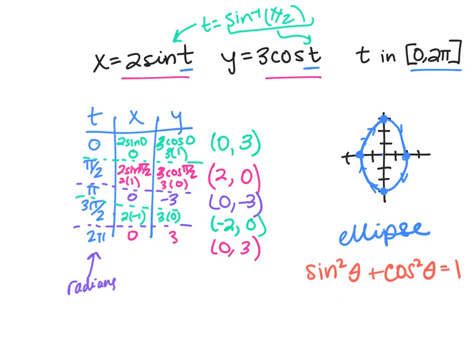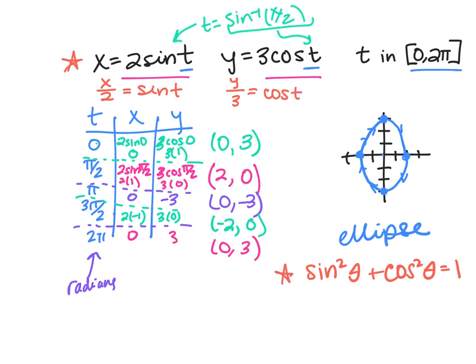So, for example, if we look at our parametric where we started, we're just going to switch this around. We know x is equal to 2 sine of t. Well, I could also write that x over 2 equals sine of t. So I just solved for sine in that equation. On the cosine side, if we solve for cosine, we can write, okay, so y over 3 equals cosine of t.